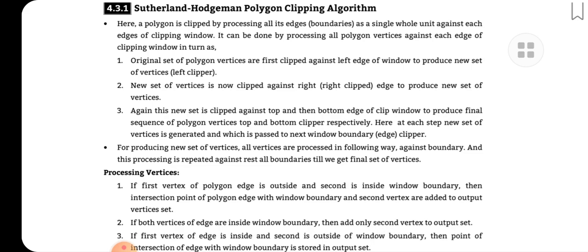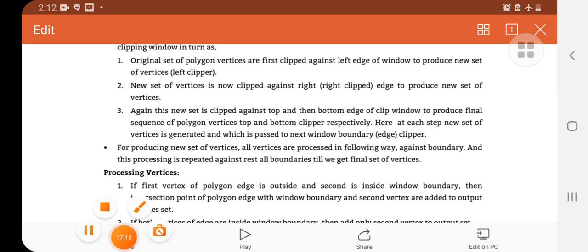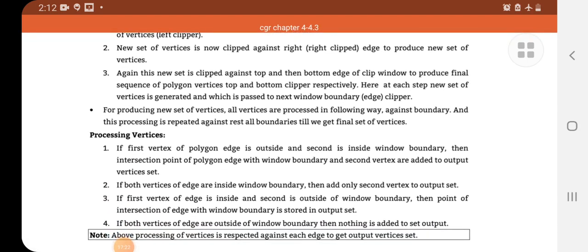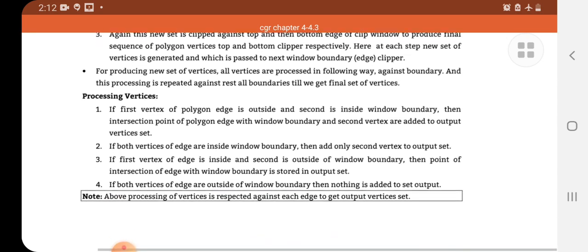At each step a new set of vertices is generated and passed to the next window boundary. This processing is repeated against all the boundaries until we get the final set of vertices.